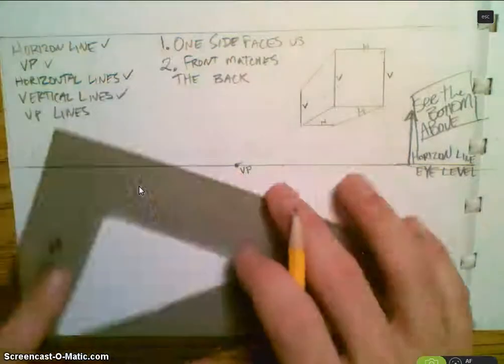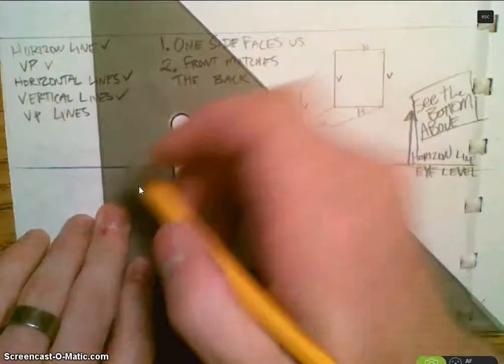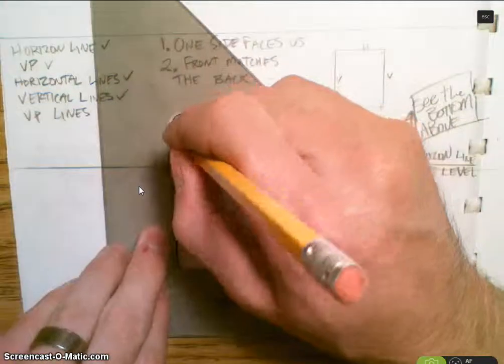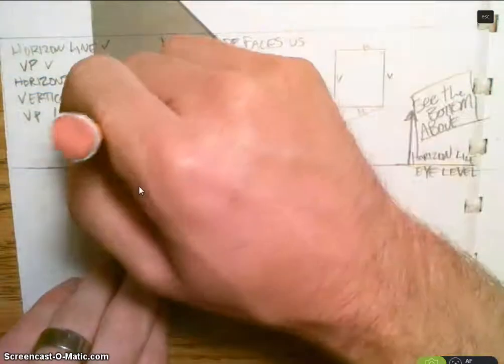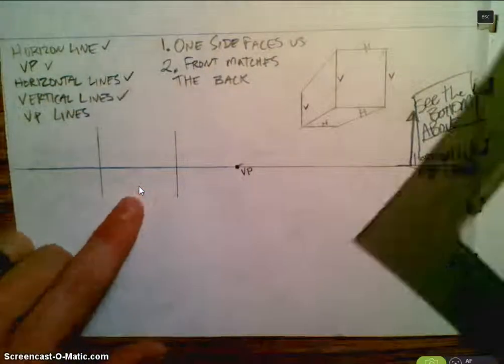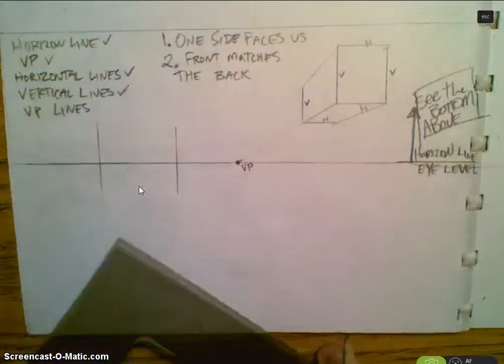The next one I'm going to put right on the horizon line, just to the left of the vanishing point. And one thing you can do with these triangles is use both the inside and the outside if you want, on both sides of it, if you have it lined up. It makes it a little bit faster.